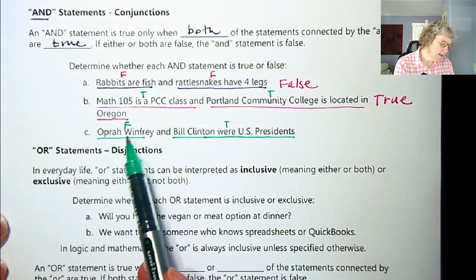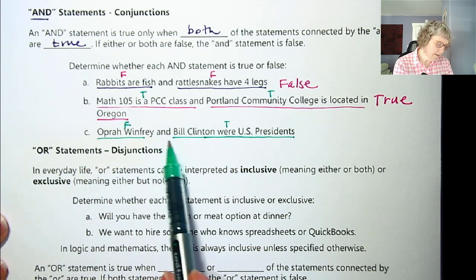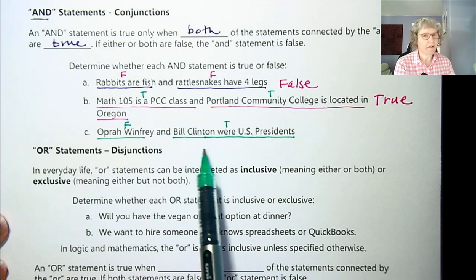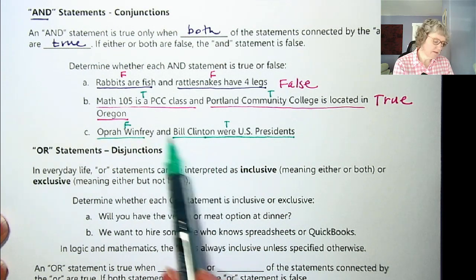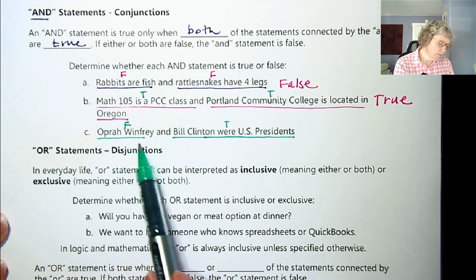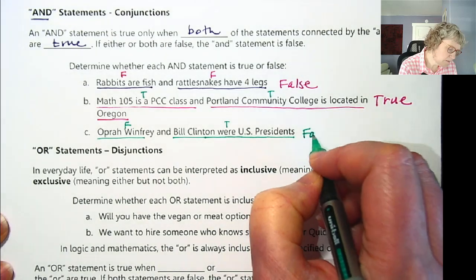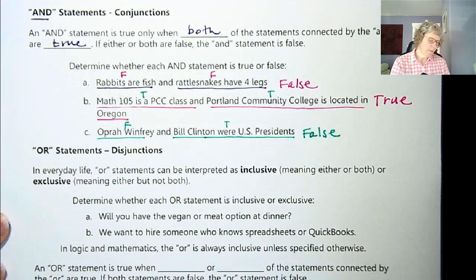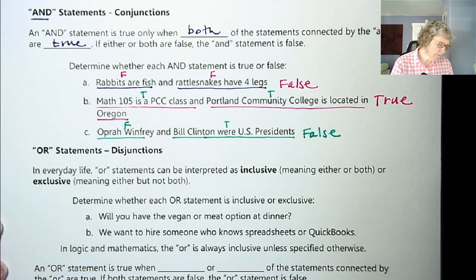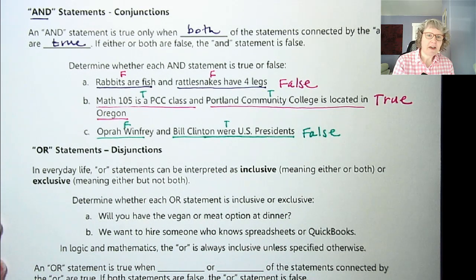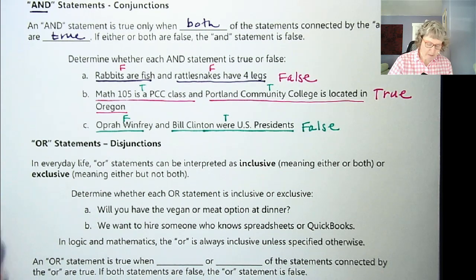So with an and, both of them have to be true. The and means both. Oprah Winfrey was not a president, so this complete statement is false. It's like if someone sent you to the store to get eggs and milk, they're expecting you to get both of them, right?